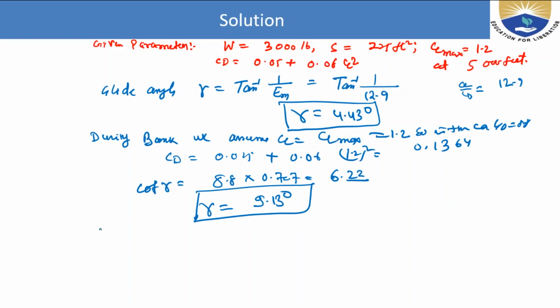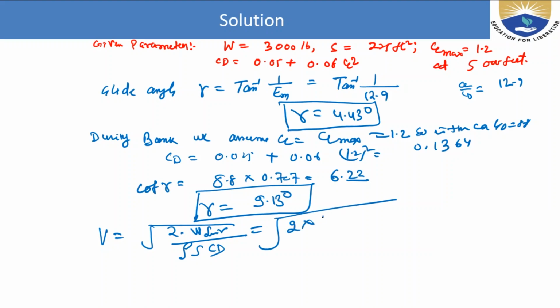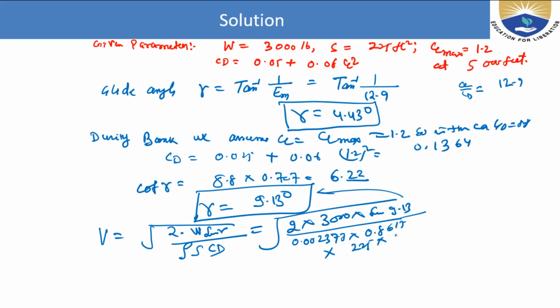Another case. Now velocity V is equal to, we know that, square root of 2 into W sine gamma divided by rho S CD. 2 into W is 3000, sine 9.13, this is the gamma here, divided by rho 0.002377 into 0.8617 into area 225 and CD we have got 0.1364.